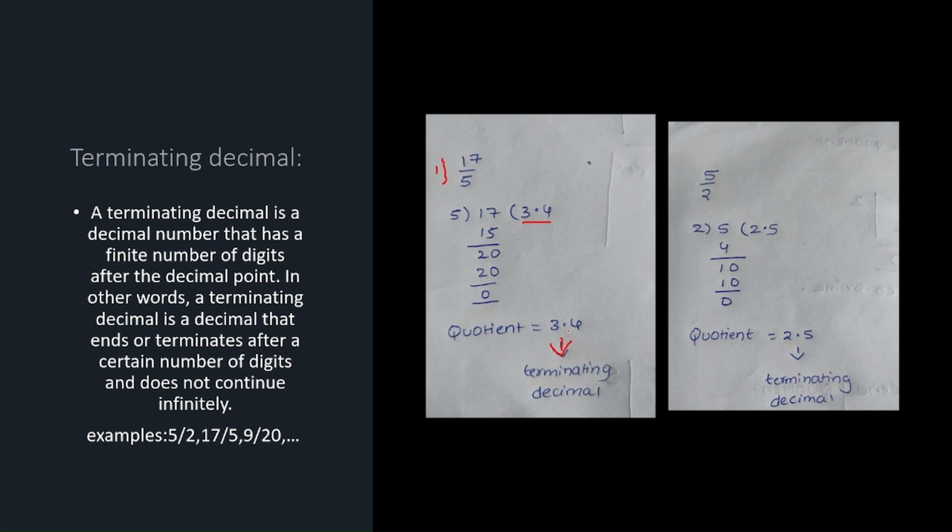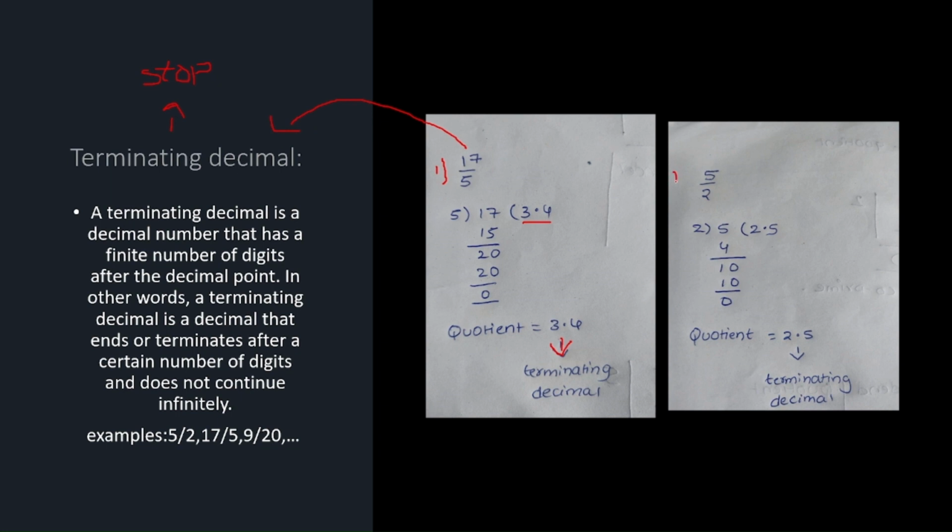Here after the decimal point there is only 4, so it terminates after 4. Terminates means stop. So 17 by 5 is a rational number and it is in the form of a terminating decimal.